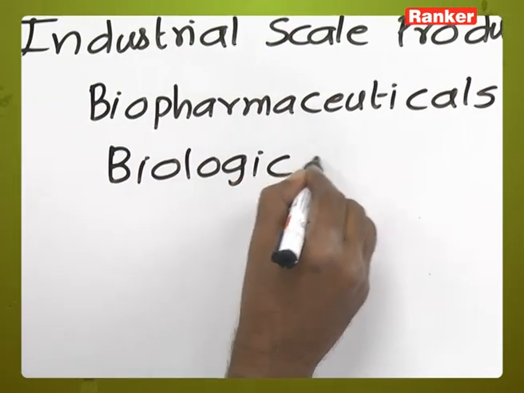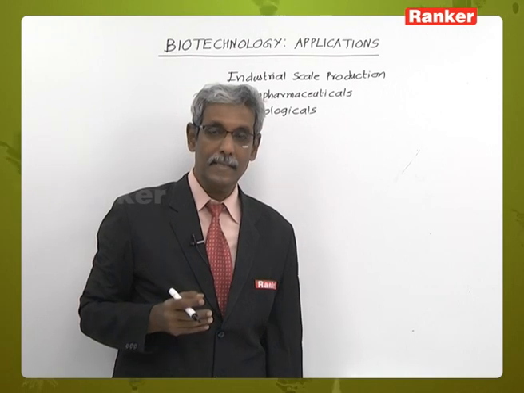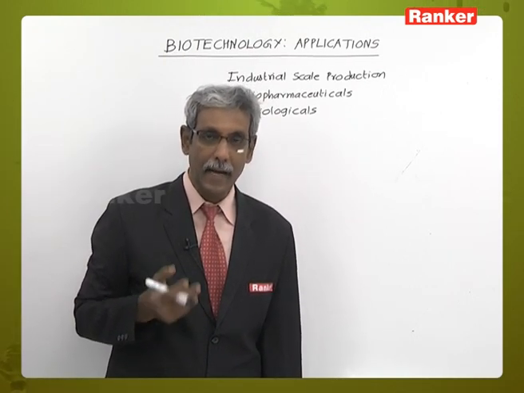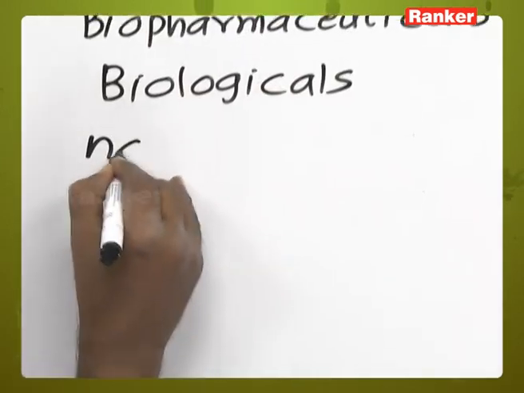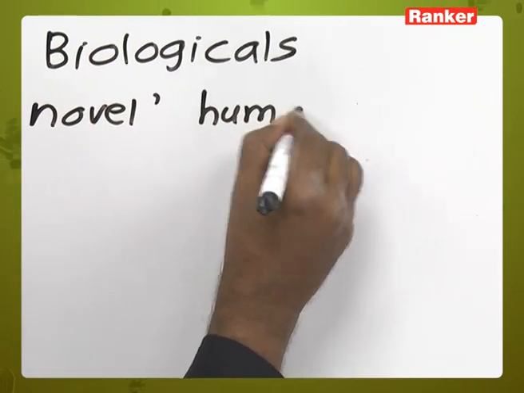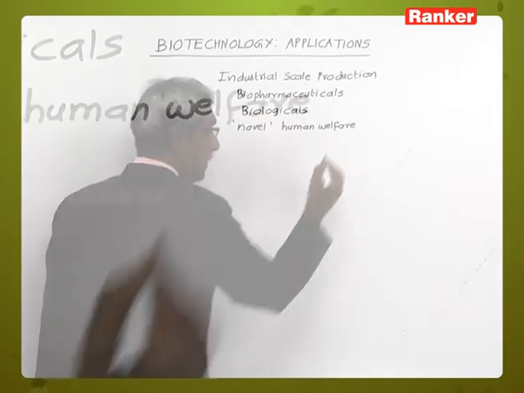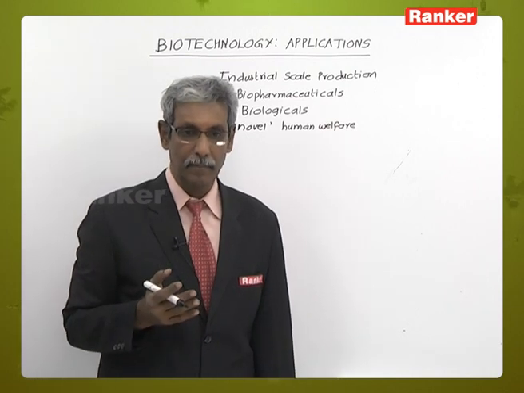Biologicals include enzymes, vaccines, vitamins, antibiotics, antigens, antibodies, and other novel compounds which are useful for human welfare in terms of agriculture, in terms of medicine, and in terms of industry.